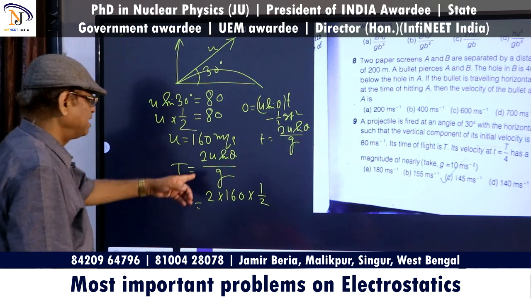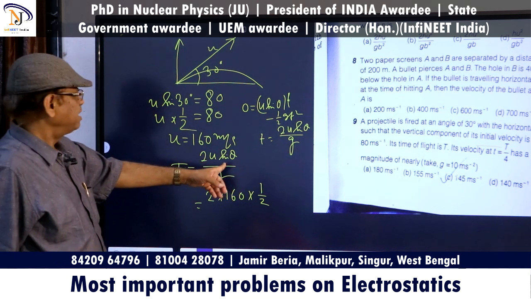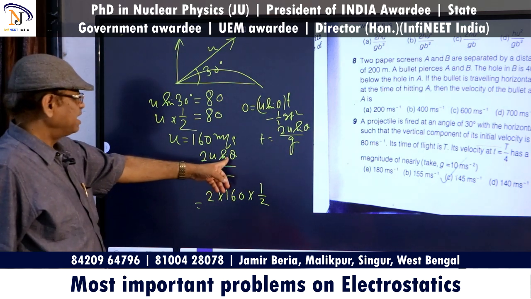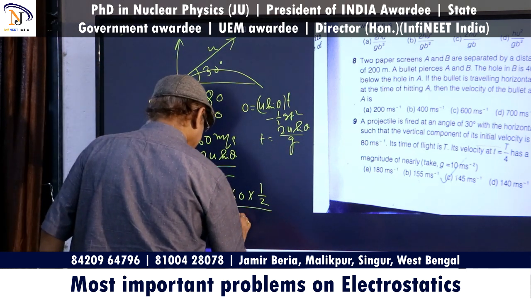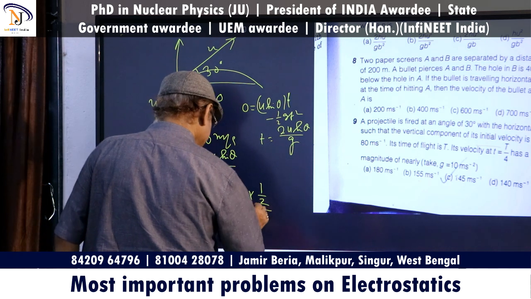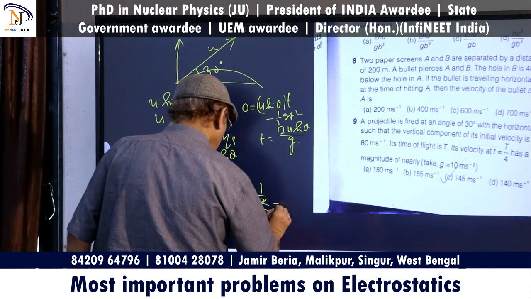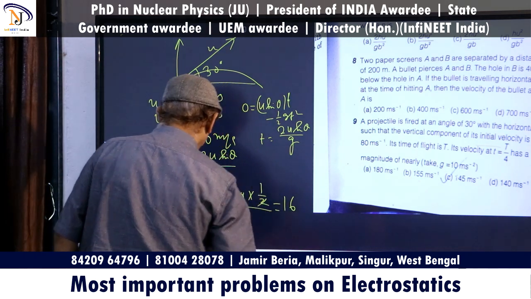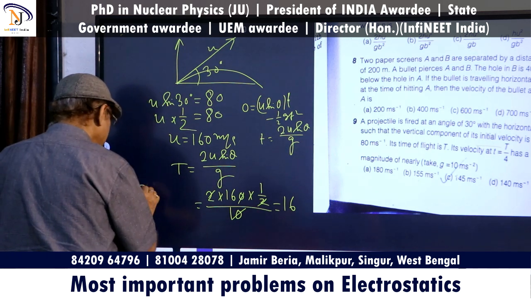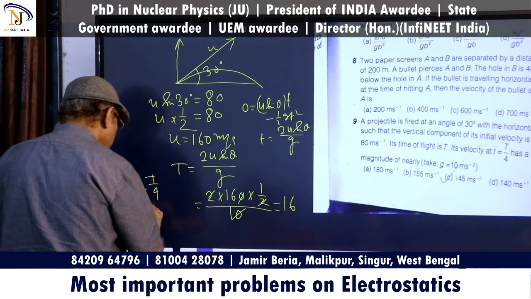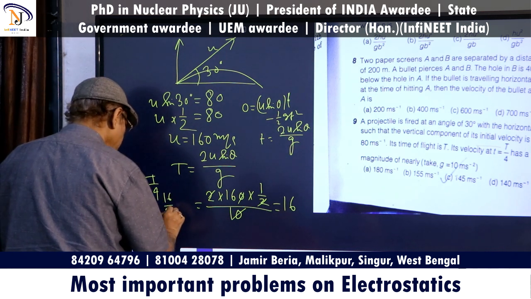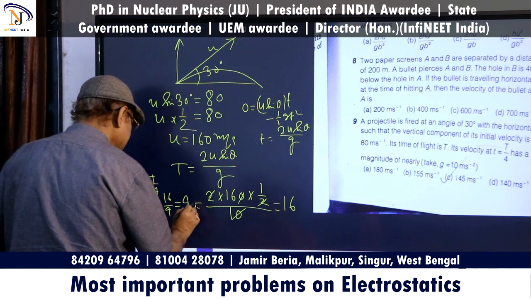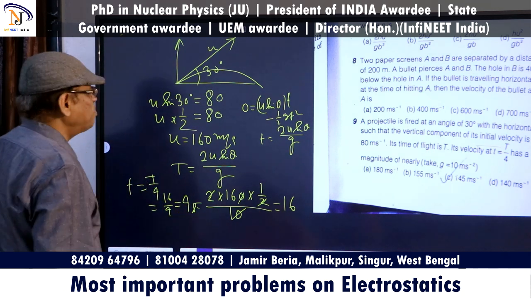Isn't it? Sine 30 degree is half. Then divided by 10. It will go, only 16 will remain. What is T? T equals T/4. That is 16/4, which is 4. 4 times 4 is 16.